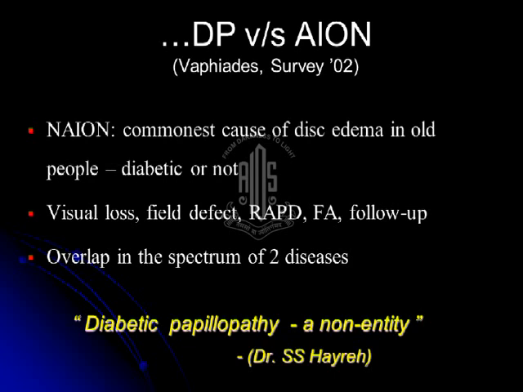Many people have said that there is an overlap in the spectrum of the two diseases, as Rapids also postulated. But then Hayreh, as you probably would have heard, is a great arguer against the existence of diabetic papillopathy, and he says it's nothing but incipient NAION.